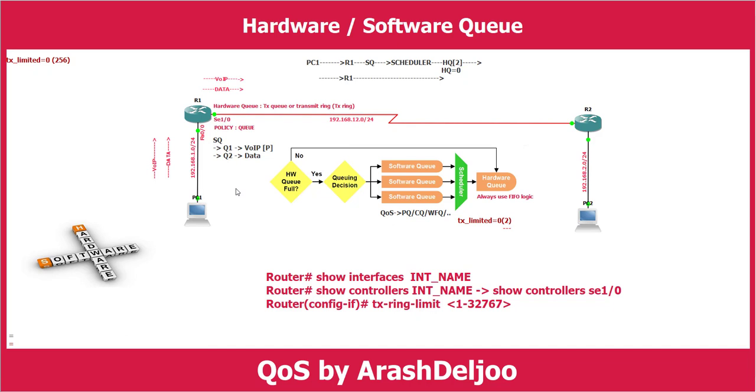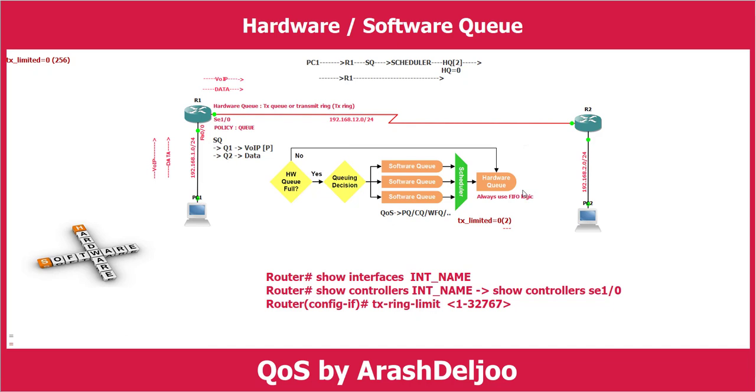Okay, when a queuing scheduler decides which packet to send next, the packet does not move directly out the interface, as you can see here. Instead, the router moves the packet from the interface software queue to another small FIFO queue on each interface.